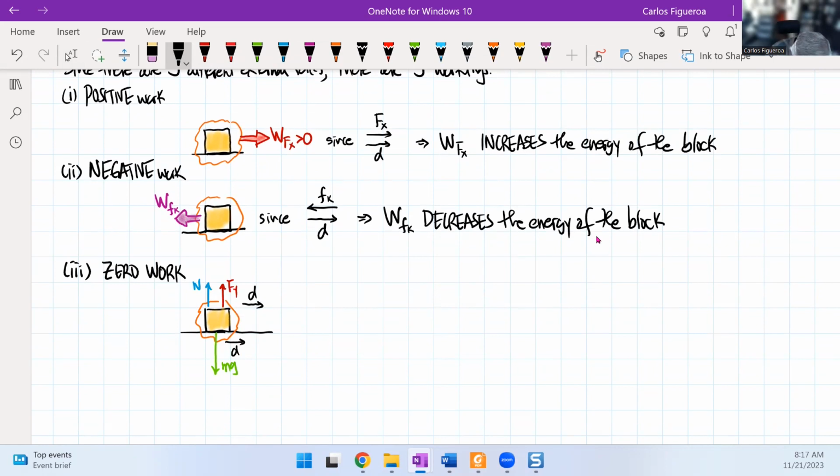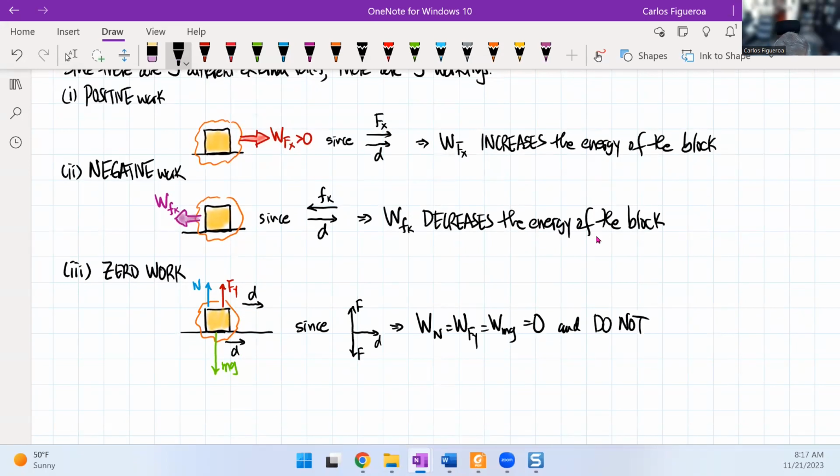So that again implies that since these forces are perpendicular, if I look at this force, or if I look at that force, and that's the displacement, this implies here that the work of the normal, the work of F of Y, and the work of gravity are equal to zero, and do not change the energy of the block.